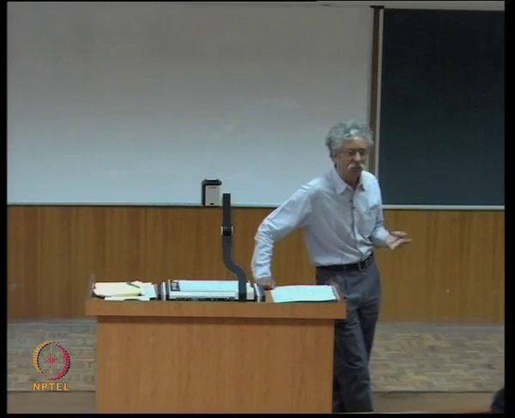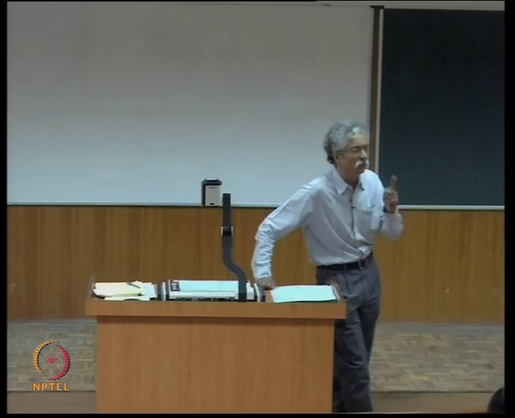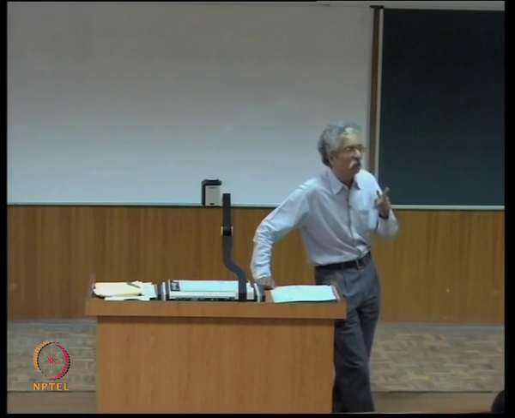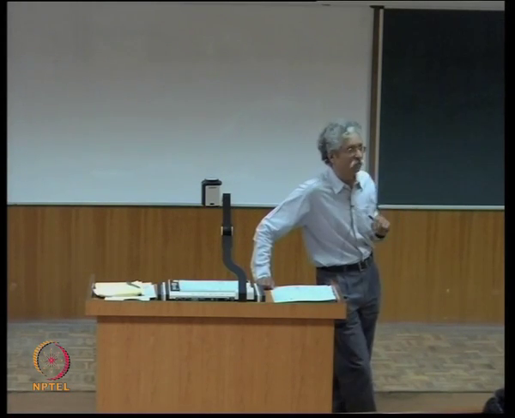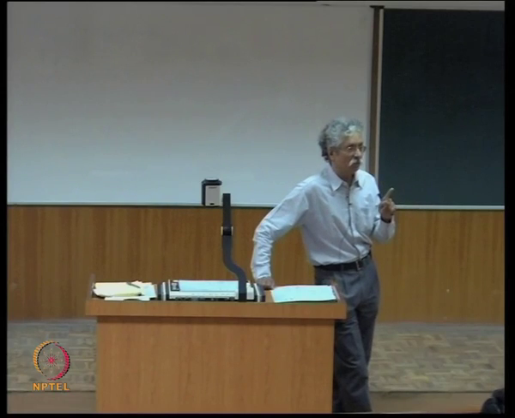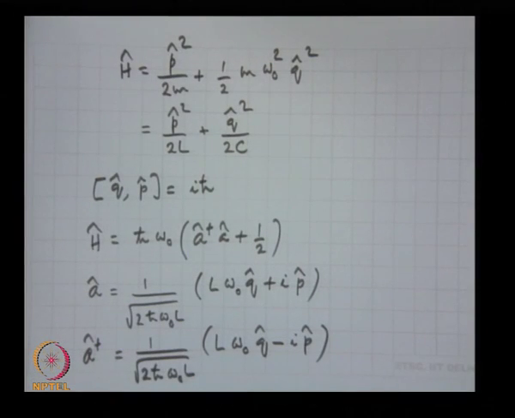There is a definition of the Poisson bracket: ∂X/∂X times ∂H/∂P, minus the other term. So the Poisson bracket of X and P is equal to 1. I say that the value remains the same numerically, and I replace the Poisson bracket by 1 by iħ times the commutator bracket. And that is the quantization now.